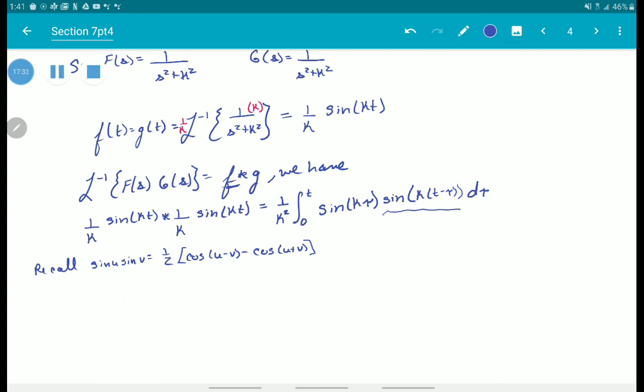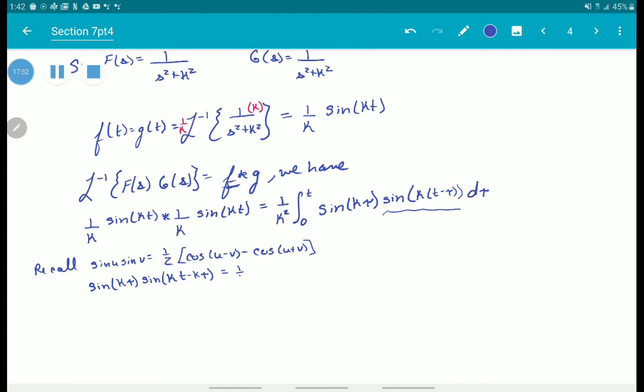So we're going to use that product to sum formula here. So for us, we are looking at sine of k tau, sine of kt minus k tau. I'm going to distribute there.